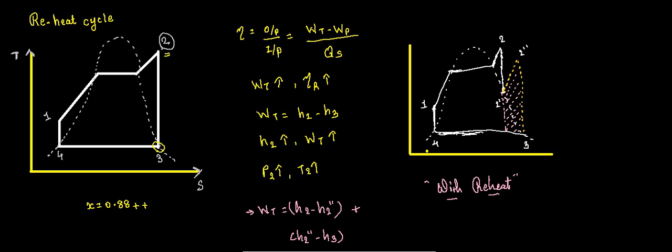So let's simply understand this concept of the reheat cycle. This is the TS diagram of the Rankine cycle shown here.